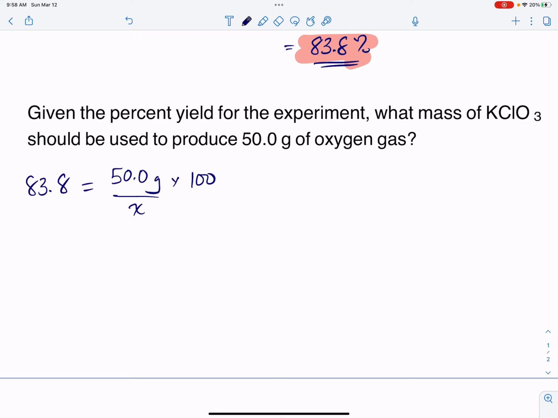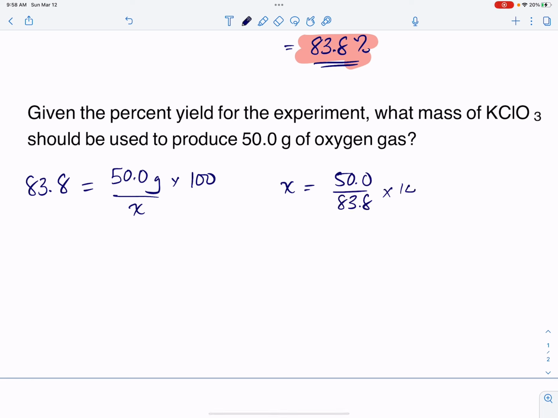So I'm taking the percent yield that we had already found, plugging it back into the percent yield formula, but I'm putting the 50 grams, which is what I have to make, in as my actual yield, and I'm going to calculate what yield I should aim to create. So solving for this, x is going to be, just rearranging my formula, 50 divided by 83.8 times 100.